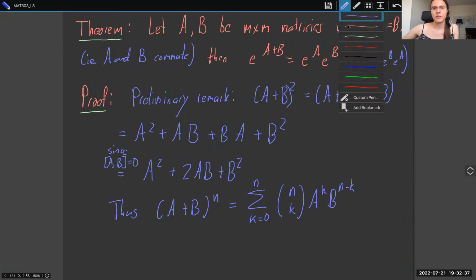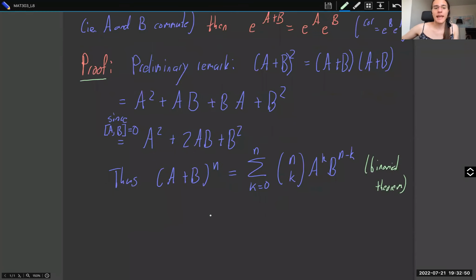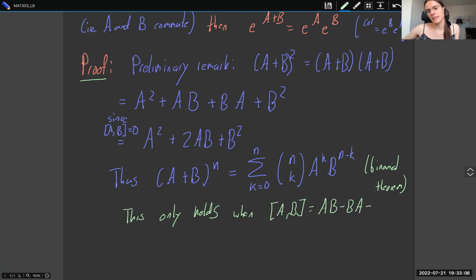And this is just the binomial theorem. This only holds when a and b commute. So this is defined as the commutator, which is ab minus ba, equal to 0.